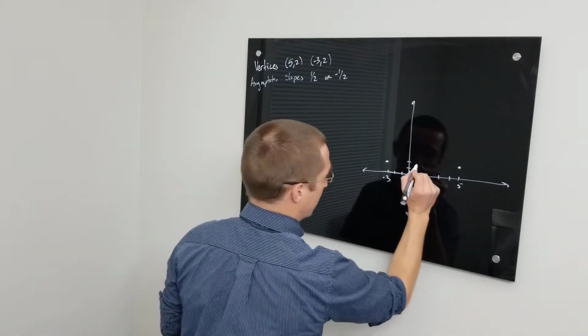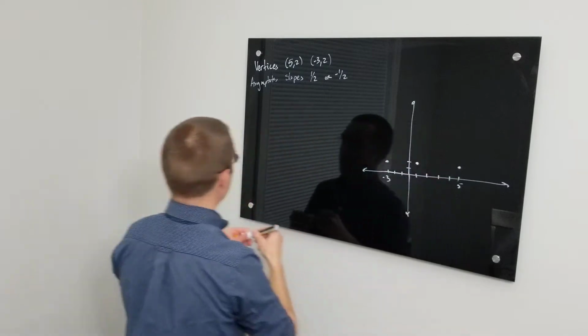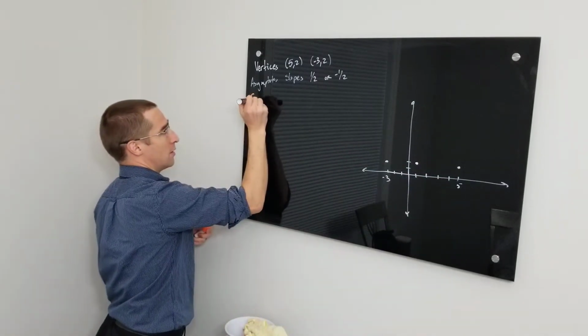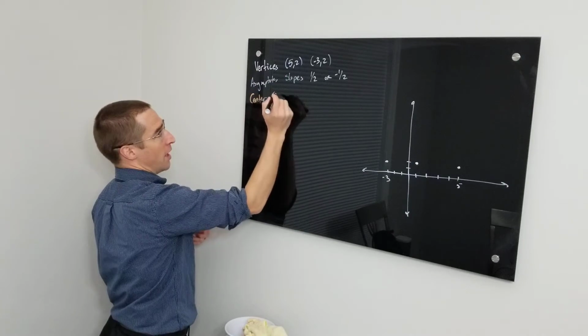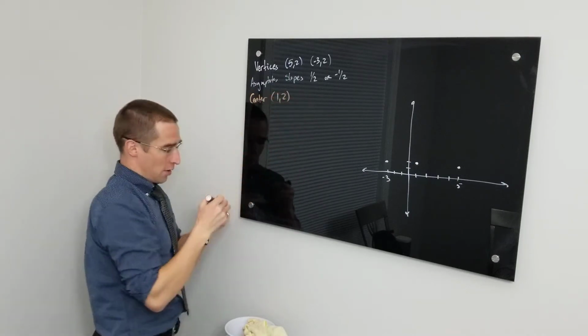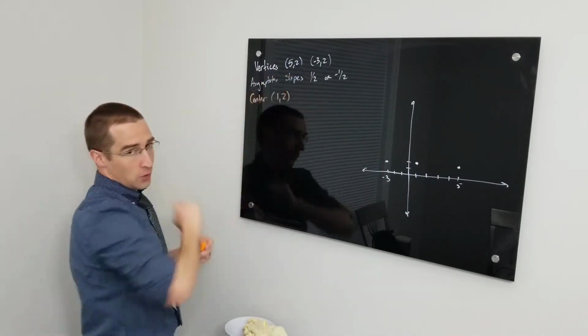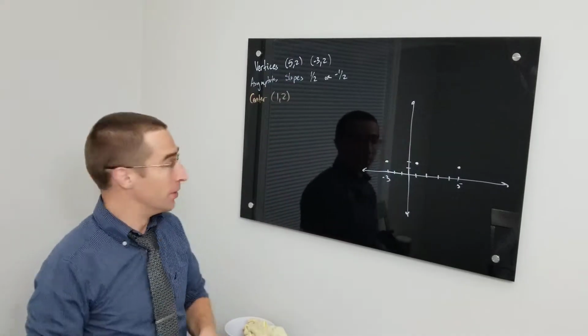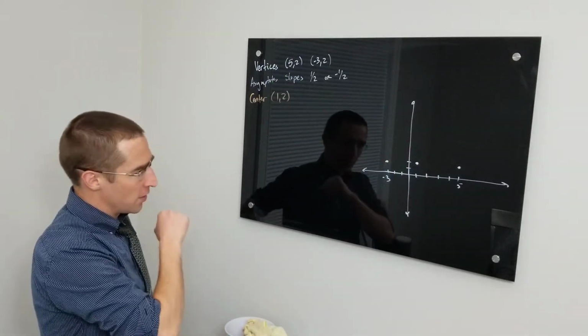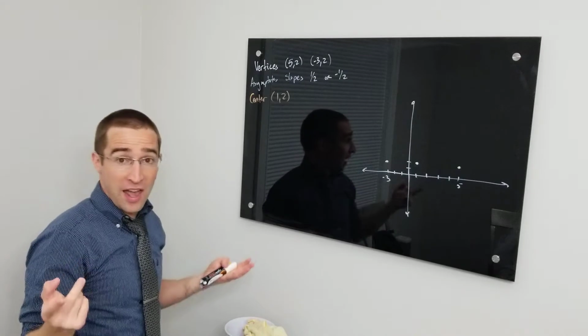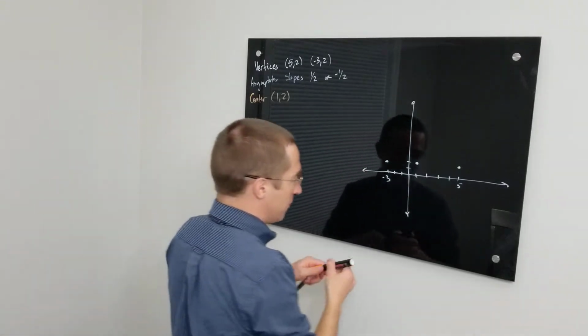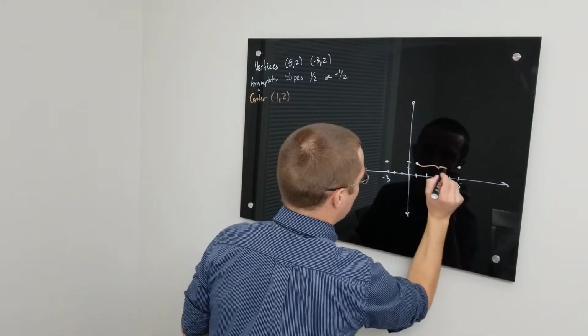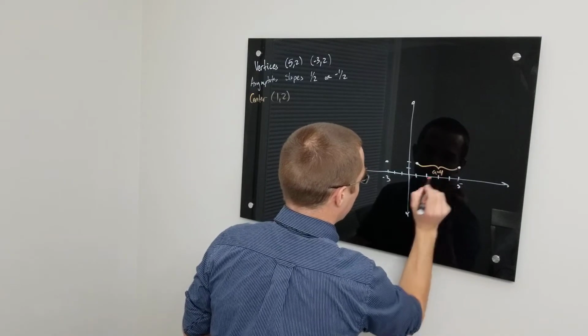So here the center is going to be at 1, 2. In other words, it's 4 away from that one and it's 4 away from that one. It's in the middle. All right, so now we can find our a value. Our a value is 4. So here, a equals 4.